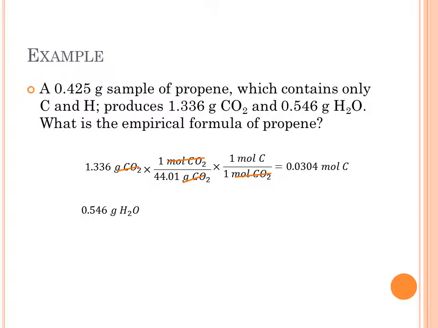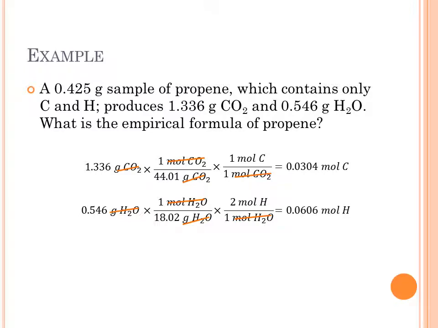Similarly, for the water, we take 0.546 grams of water, divide by 18.02 grams of water per 1 mole. But there are 2 moles of hydrogen for every 1 water, so make sure we include that ratio. We get 0.0606 moles of hydrogen. We can use the moles of each to calculate the empirical formula.